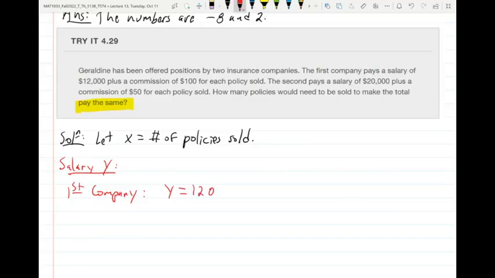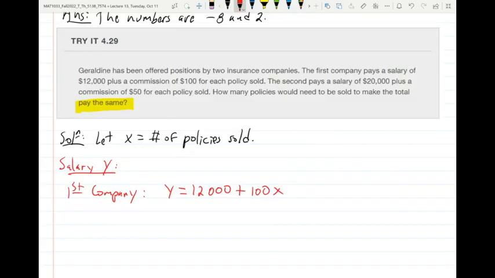So $12,000, nobody's going to take this away from you, and then a little extra if you sell something: $100 for each policy that you sell, so you do 100 times X. If you sell 5 policies, that's an extra $500 on top of the 12,000. You sell 10 policies, that's an extra $1,000, and so on. You okay with this? So that's the salary according to the first company.